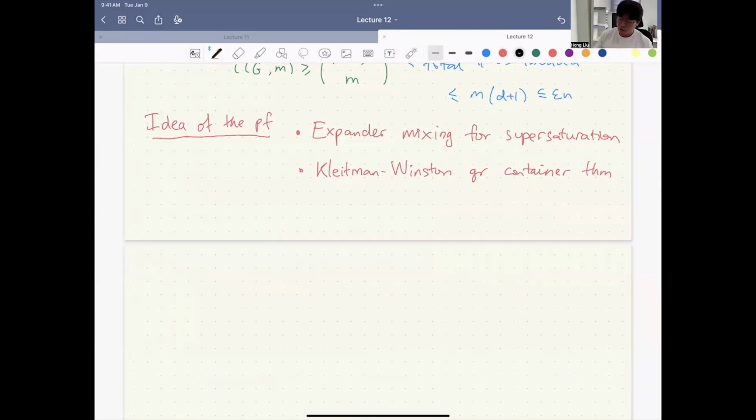Let me remind you of this expander mixing lemma. This part I will remind you of fairly quickly. Expander mixing, Alon-Chung.